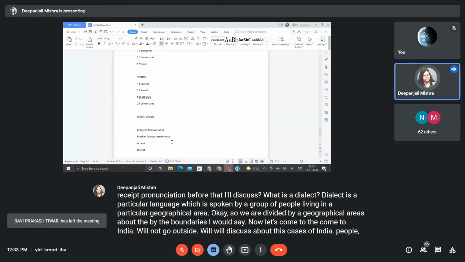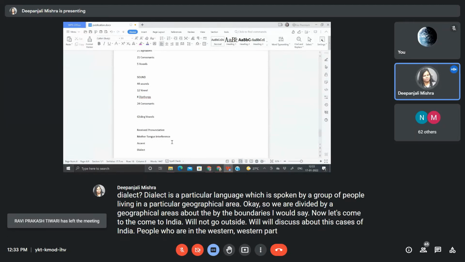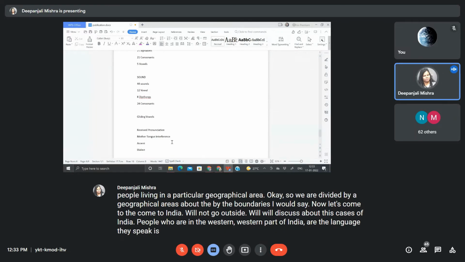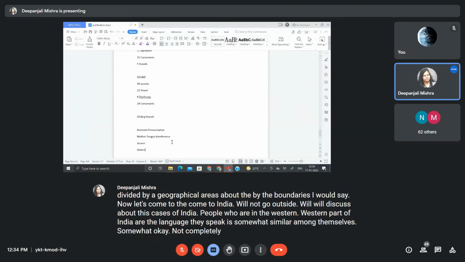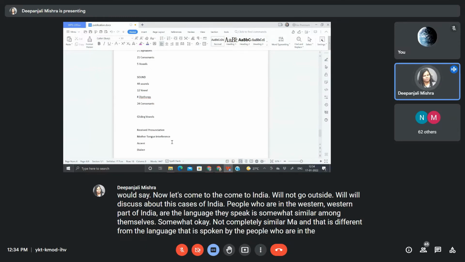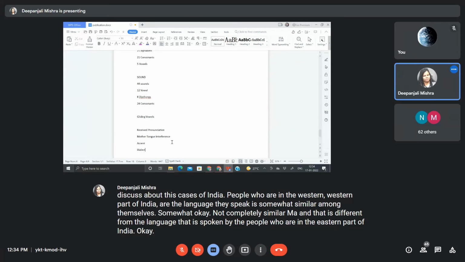People in the western part of India speak a language that is somewhat similar among themselves, not completely similar, and that is different from the language spoken by the people in the eastern part of India. Similarly between north and south also.